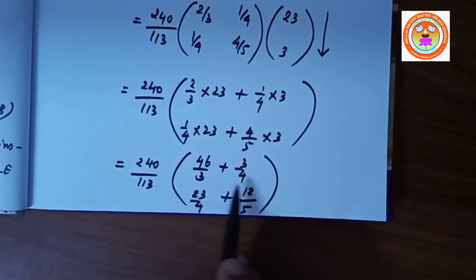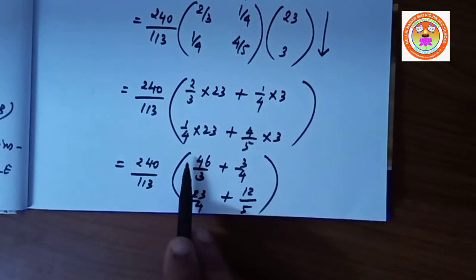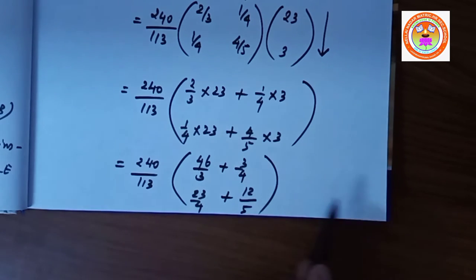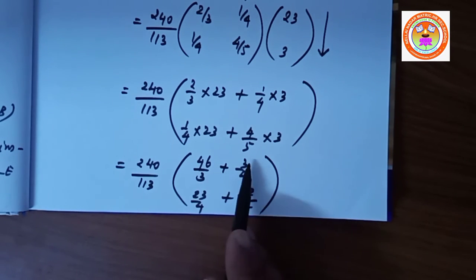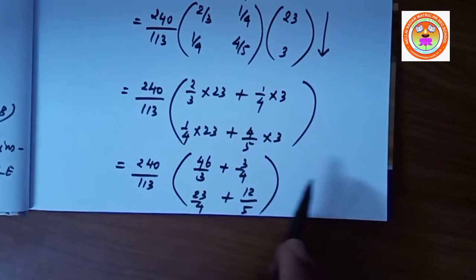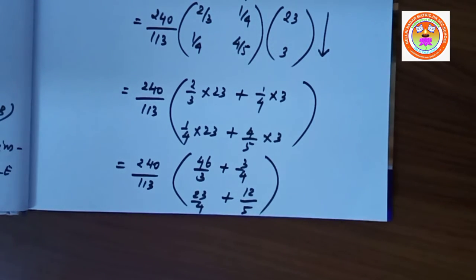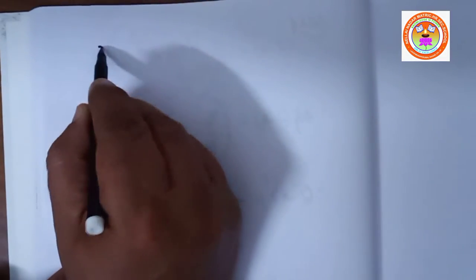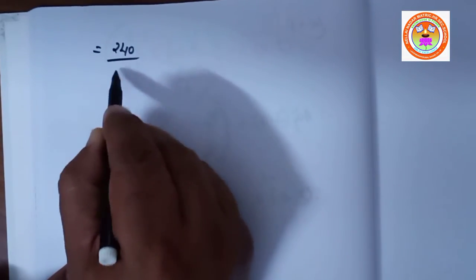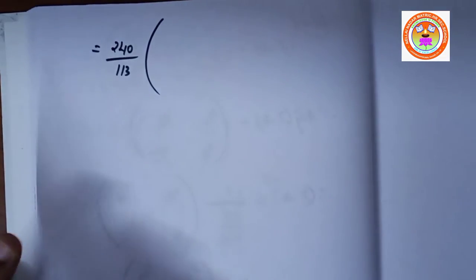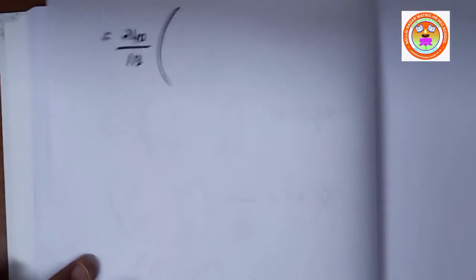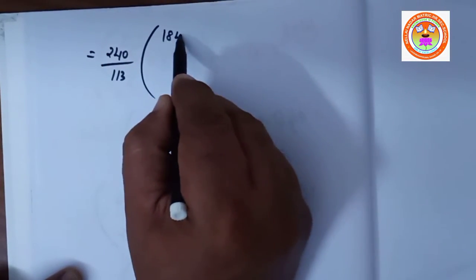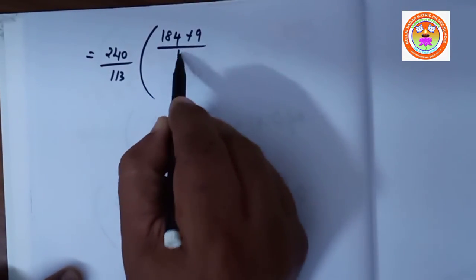Looking at the denominators 3 and 4, nothing is common, so multiply 46 and 4. 46 into 4 is 184, 3 3s are 9, so 184 plus 9 divided by 3 4s are 12. That is 240 divided by 113 into 184 plus 9 divided by 12.